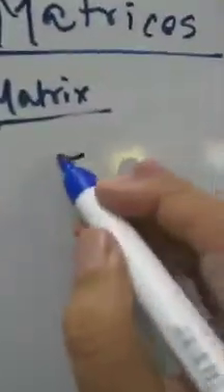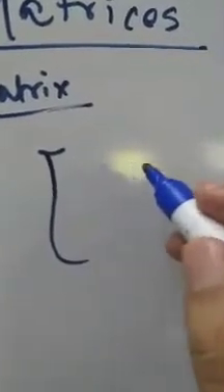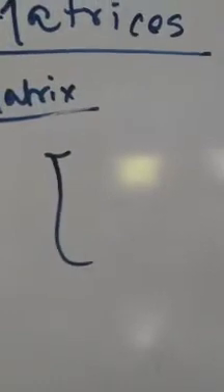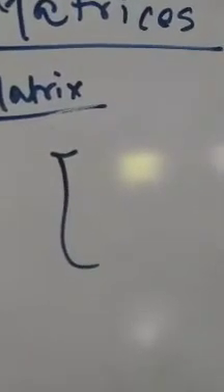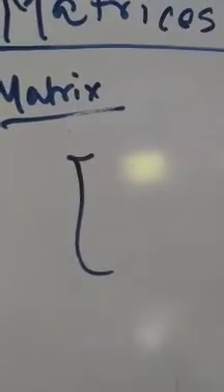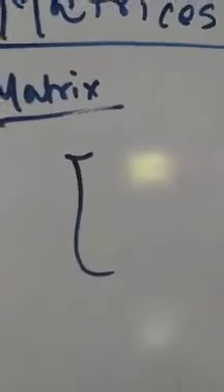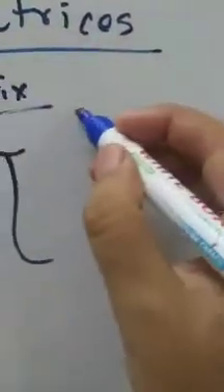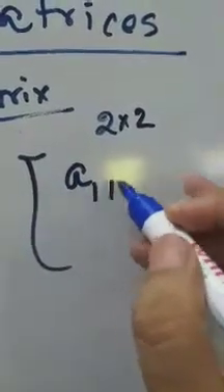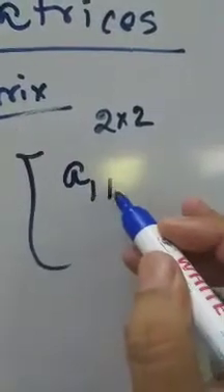Now as I said, each element of the matrix has a specific position within the matrix. Whenever we write the order, we write the row first and then the column. Similarly, when we write the position of an element, we write the row position and the column position. Suppose I write a 2 by 2 matrix, then its elements are A11, meaning first row, first column.